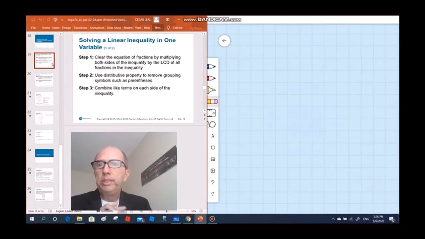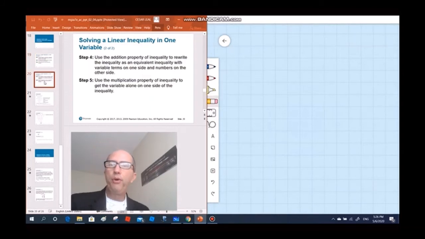Step number 2, use distributive property to remove grouping symbols such as parentheses. Step number 3, combine like terms on each side of the inequality. Step 4, use the addition property of inequality to rewrite the inequality. And step number 5, use the multiplication property of inequality to get the variable alone in one side of the inequality.